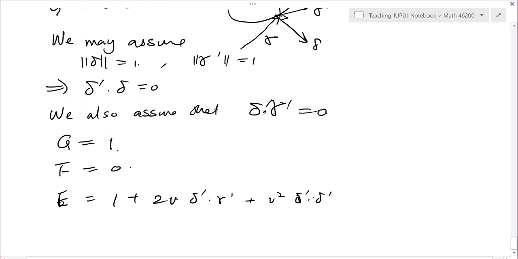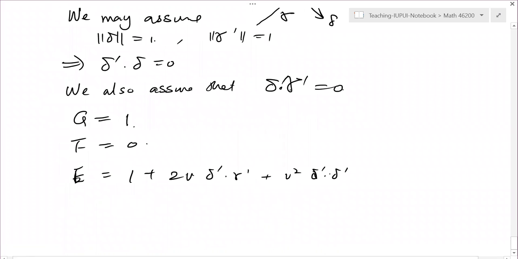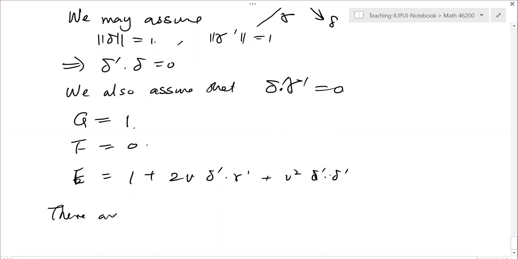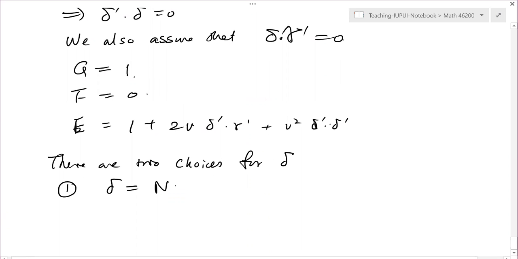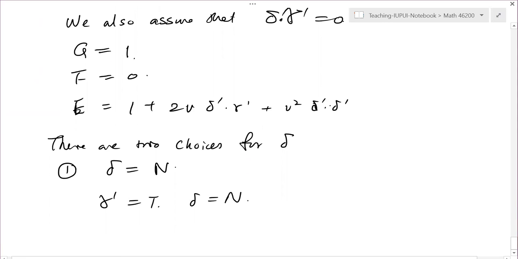But if you really want, you can have a couple of choices for delta. There are 2 choices for delta. One is that the delta could be the normal vector of the curve. If the delta is the normal vector, this is T, and the delta is the normal vector N. So what is delta prime?